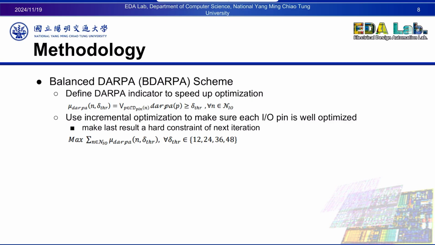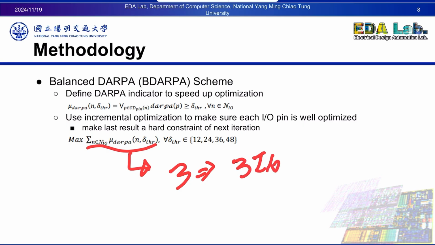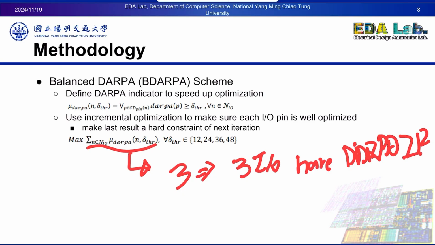One simple implementation method is, after we finish one iteration of the 12 and we get a value, maybe this value is equal to 3, which means we have 3 I/Os with DRPA larger than 12, right?